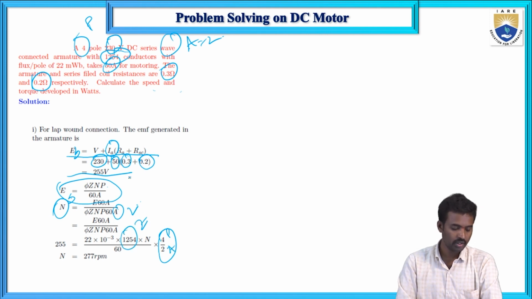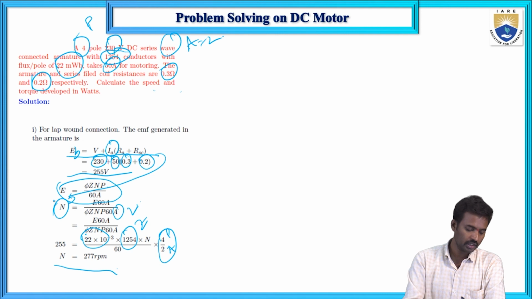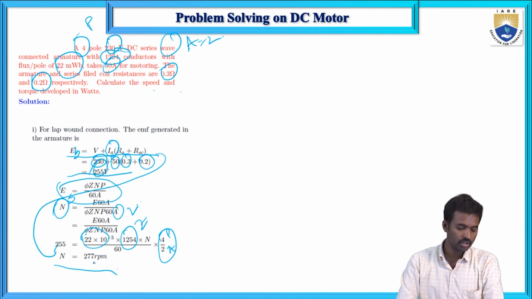Z is this one, and this is the flux, 22 milliwebers. From this, Eb is calculated, and the speed value is 277 rpm.